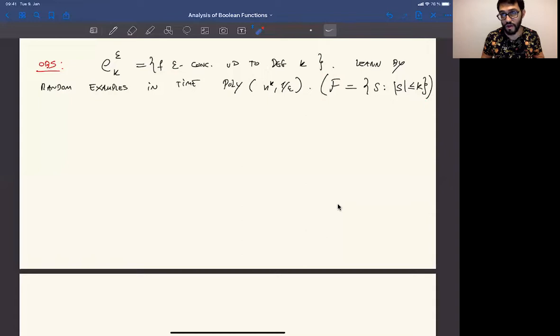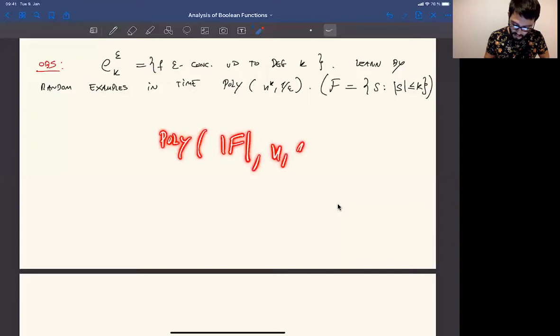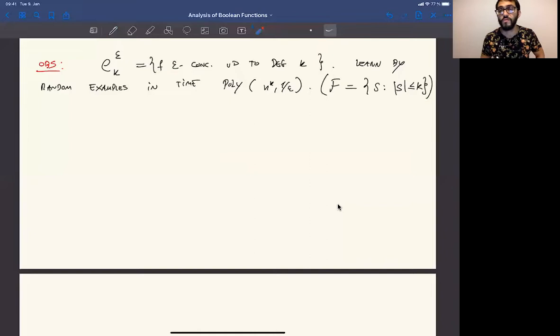And so for each one of these sets, I can come up with a good approximation of the Fourier coefficient of S. And what's the time to actually create a good approximation by the theorem we just showed? Well, you just apply proposition 1 to learn it, and it will be in time polynomial in the size of the class and 1 over epsilon, and you multiply by a log of 1 over delta if you want probability 1 minus delta.